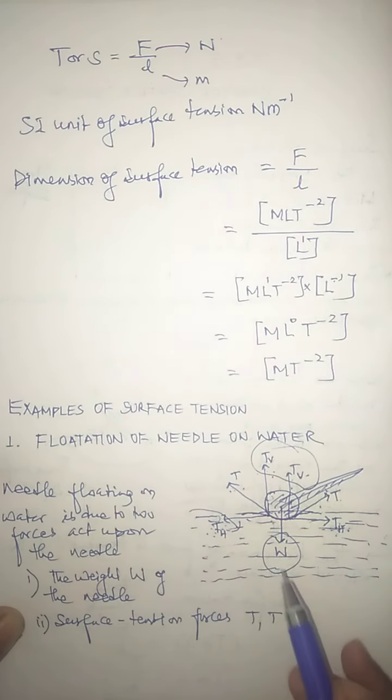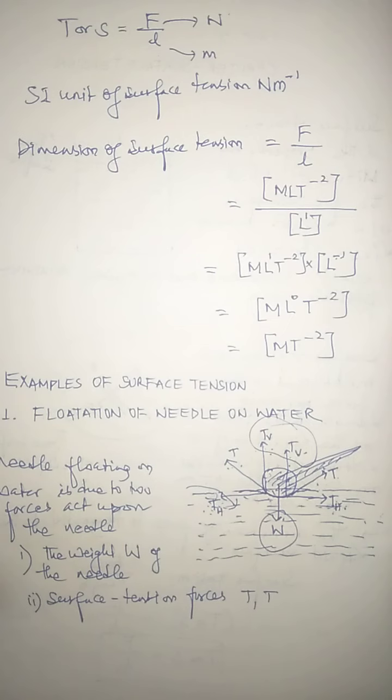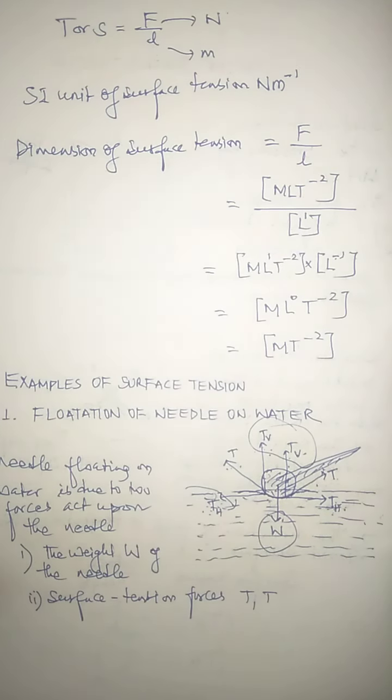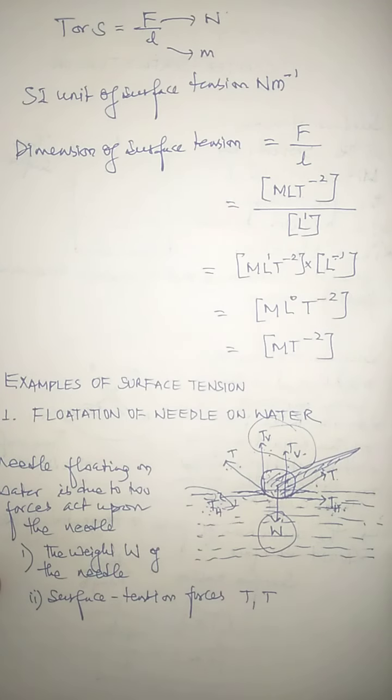But as I said, the addition of soap powder and oil decreases the surface tension. Similarly, children, it's not only the needle that floats on the surface of water. Sometimes we see insects and mosquitoes floating or swimming on the surface of water in lakes or ponds. Why does it happen? It is also due to surface tension.